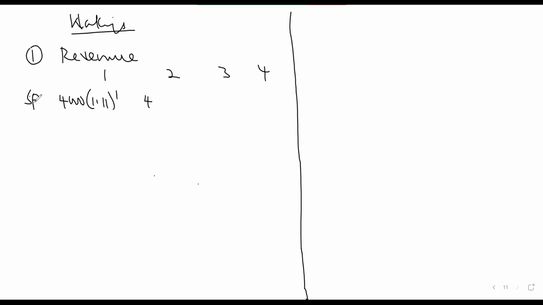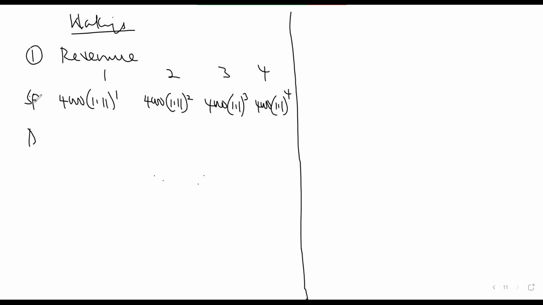This is calculated as 4,000 into bracket 1.11 exponent 2. This will be calculated as 4,000 into bracket 1.11 exponent 3, and 4,000 into bracket 1.11 exponent 4 rather. So that is how we are going to be calculating this one.